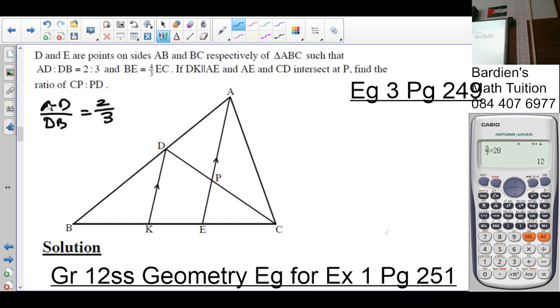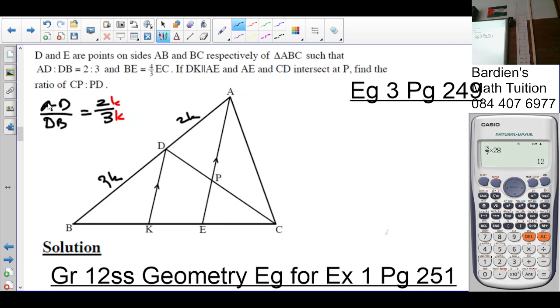So what do I do here? I introduce a K. There's going to be a K and a K, which means AD, which is this here, is 2K, and BD is 3K. So what's the length of AB?